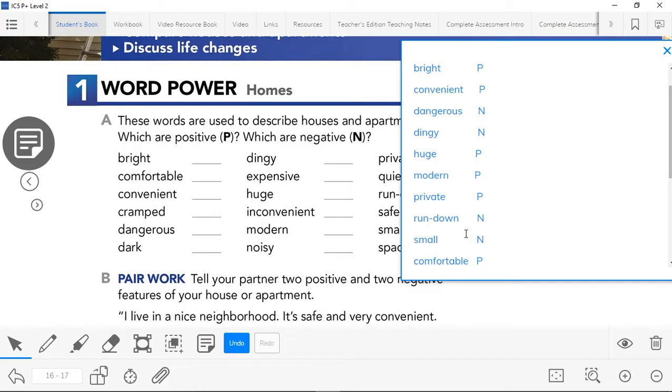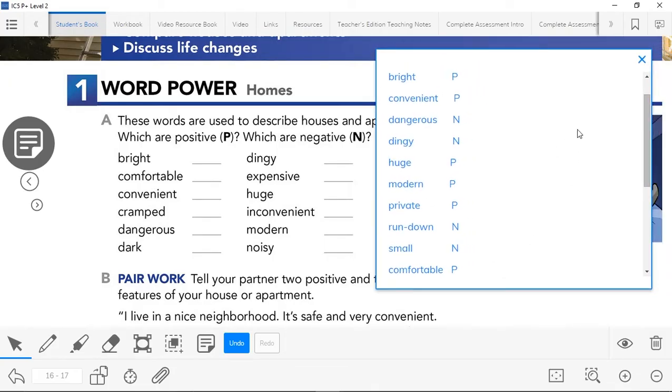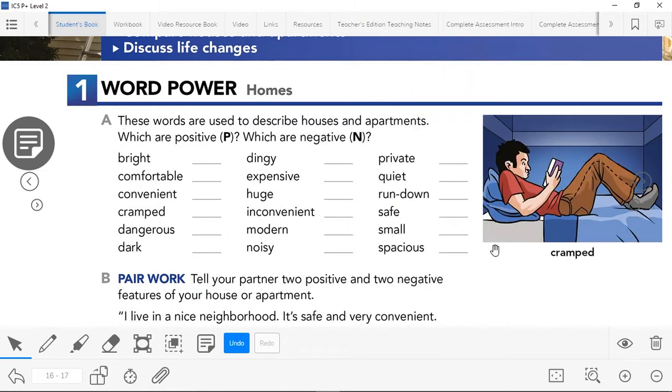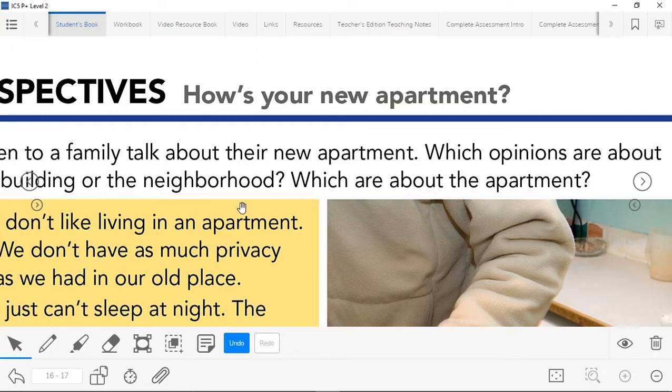Small is negative. Small can be negative because you usually don't want a small place. Maybe you want a place that is not so big, but not necessarily small. Okay, comfortable. It's positive. That's always going to be positive. Very good.